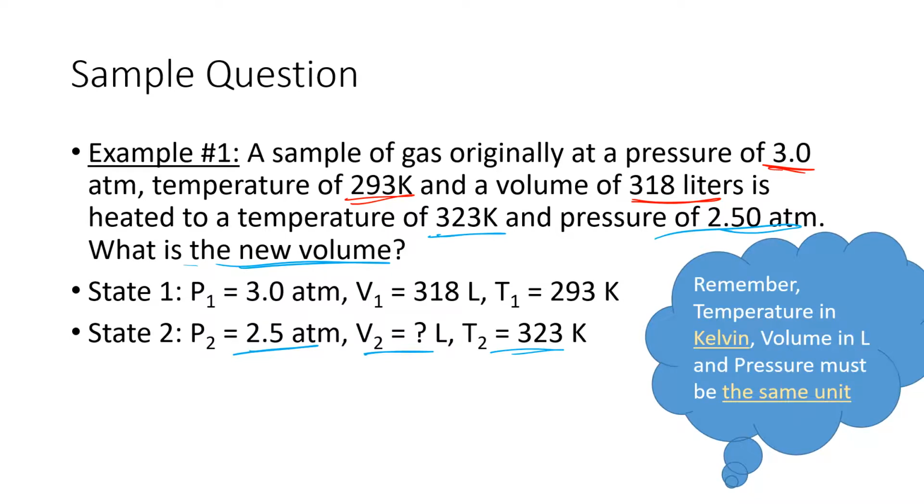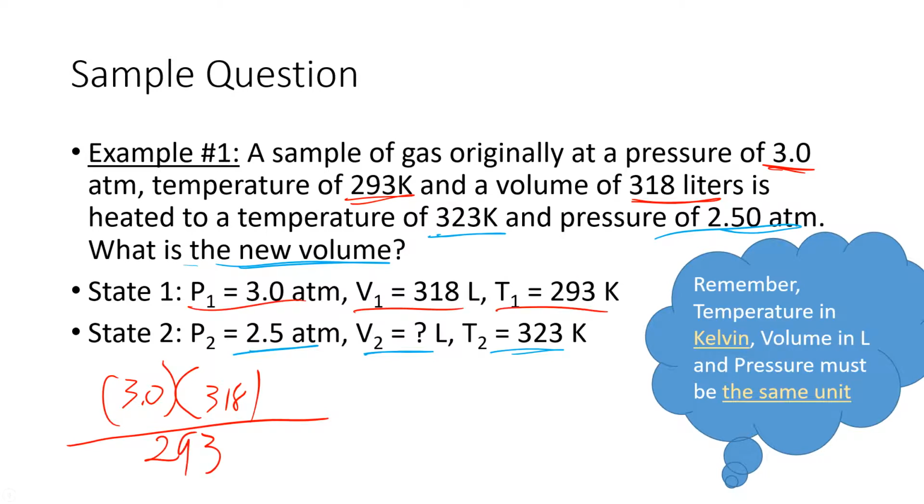So we're going to put your pressure 3.0 and your volume 318, and we're going to divide that by your temperature 293. So that's your P1, V1, and T1. And then we're going to make that equal to your pressure, which is 2.5, your volume, which is X, right, and your temperature, which is 323.